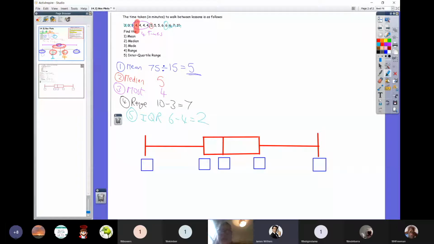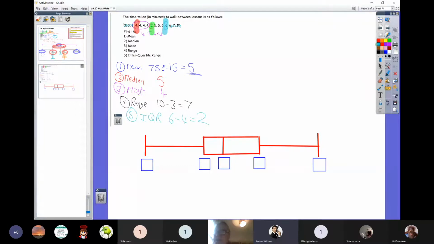And the upper quartile was the 6, coming through in light blue in a few seconds. We've got a bit of a lag now. So the median is green, it's 5, and the upper quartile will come through in light blue fluorescent pen in a second, which will be the 6.